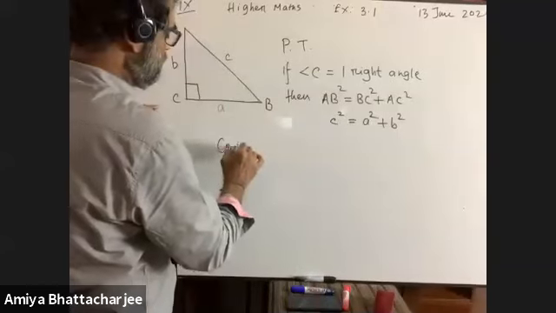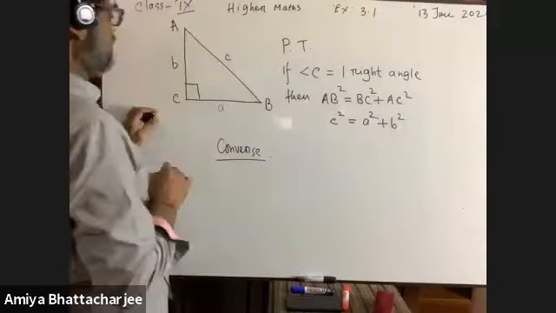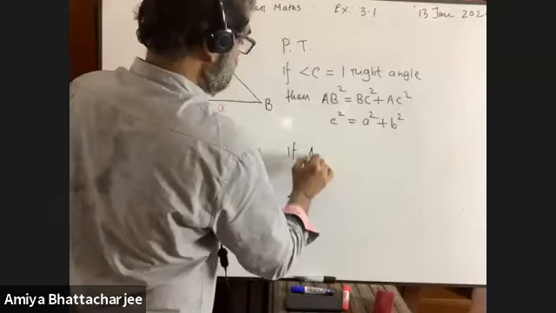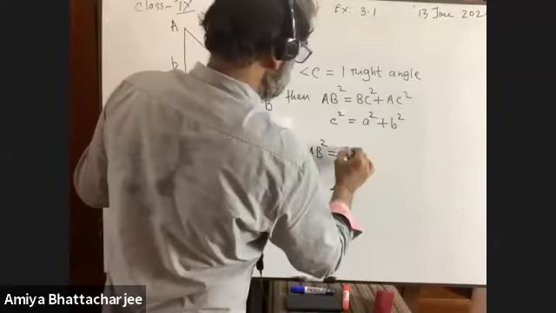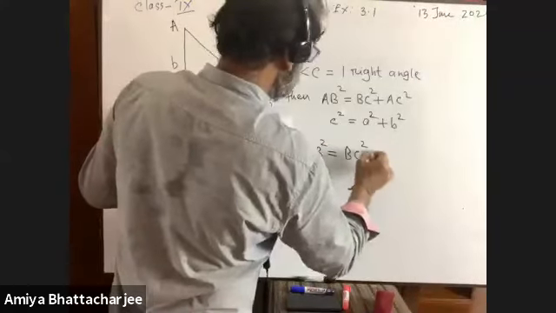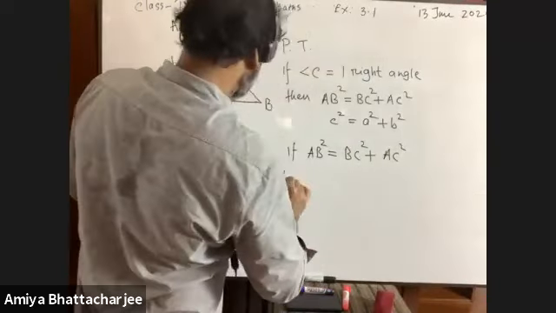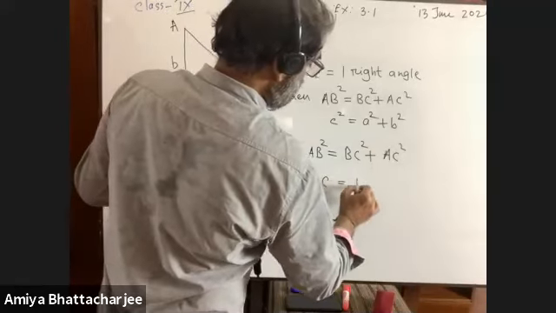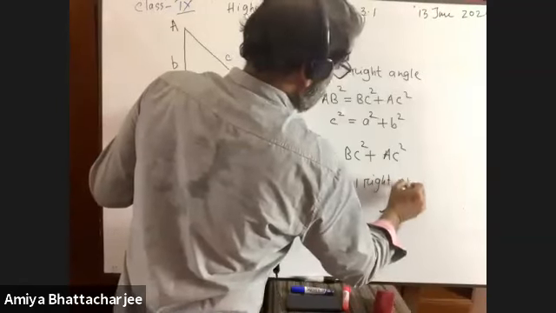You see, converse theorem, it is given: if AB square is equal to BC square plus AC square, then angle C is equal to one right angle.